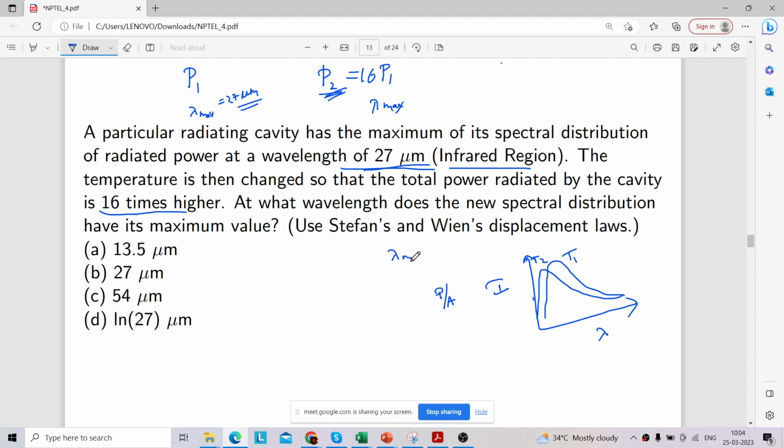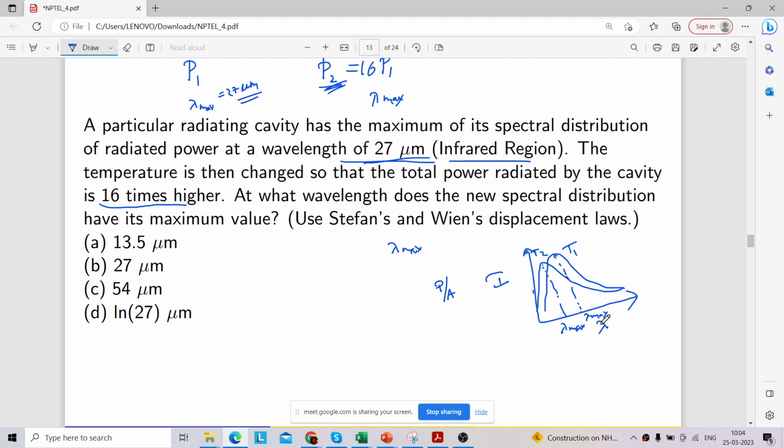So lambda max means the wavelength at which the intensity peaks. For this T2 temperature, lambda max is this one, and for T1 temperature, lambda max is this value, right?